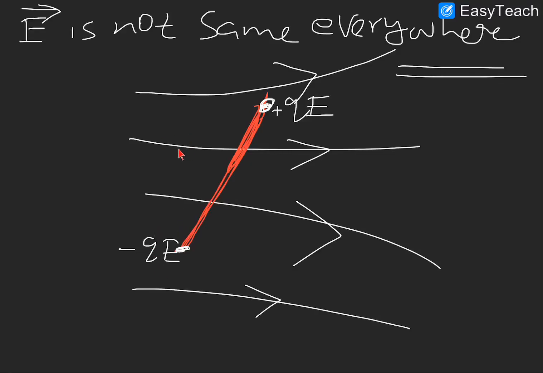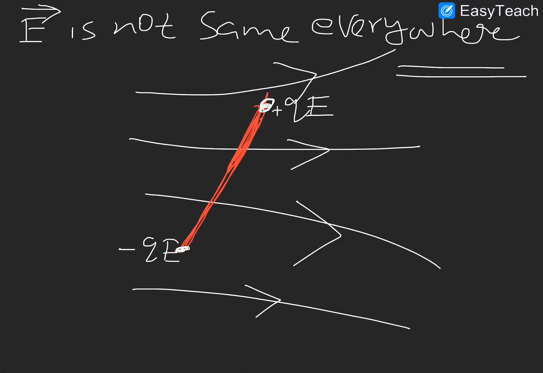At this point some electric field will be there, at this point some electric field will be there, at this point some electric field will be there. All the electric fields will be different. Such a field is called a non-uniform electric field. So this E is different from this E. That means this qE is different from this qE. They are not equal.